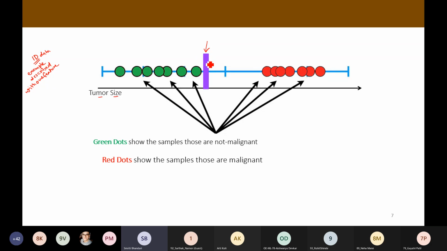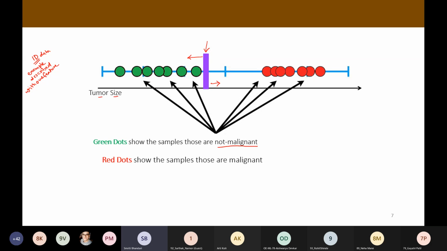We use some criteria and come up with this threshold. Let us assume we have picked this threshold. How do we use it? If the sample is on the left-hand side of the threshold, it will be classified as non-malignant, green. And if the sample is on the right-hand side of the threshold or decision boundary, it will be classified as malignant, red. So this is the simple criterion that we are making use of.